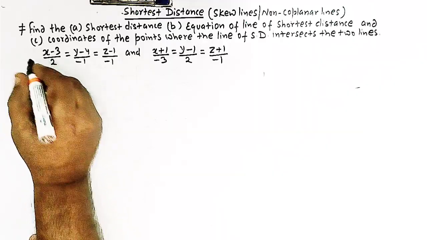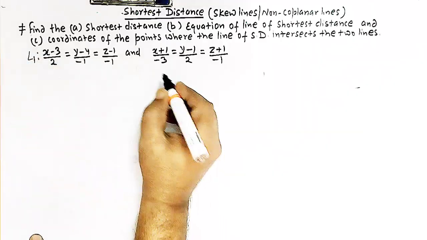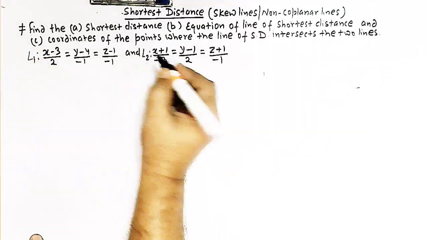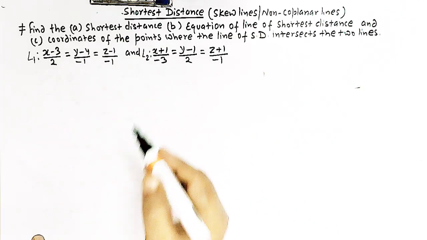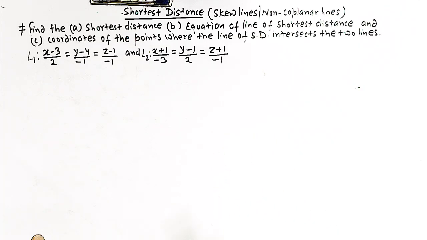Let us denote this line by L1 and this line by L2. Two lines are said to be skew lines or non-coplanar lines if they lie on different planes, so the non-intersecting lines are also known as skew lines. Here these two lines lie on different planes.